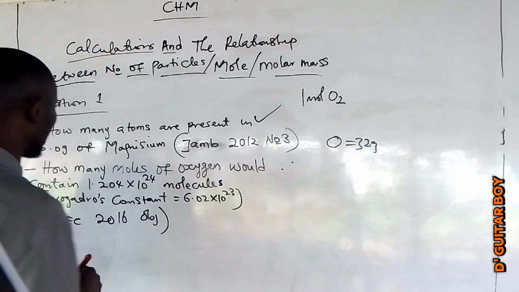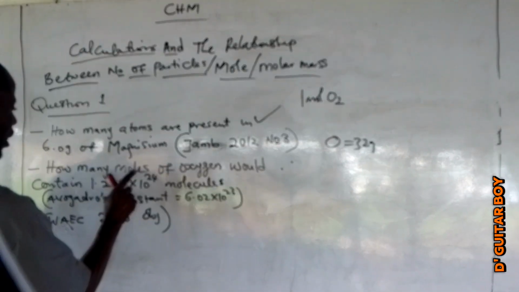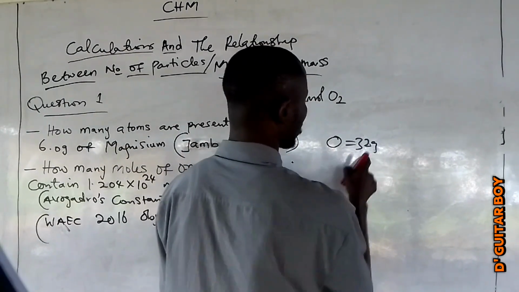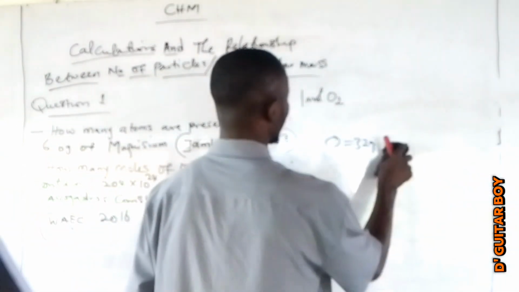So they said molecule. If they had said atom here, you would have used 16 instead of 32. They said molecule, so you will use 32.